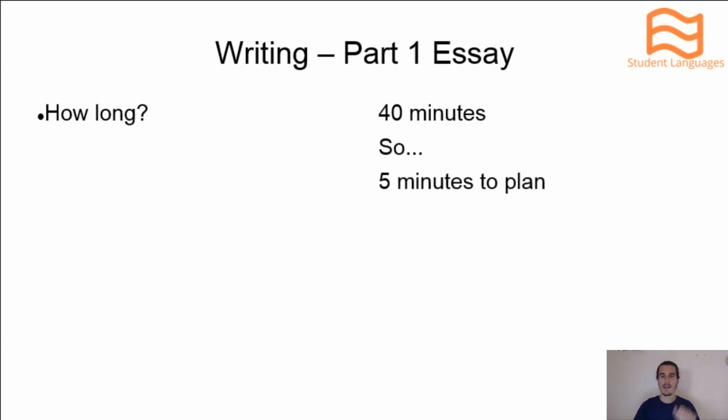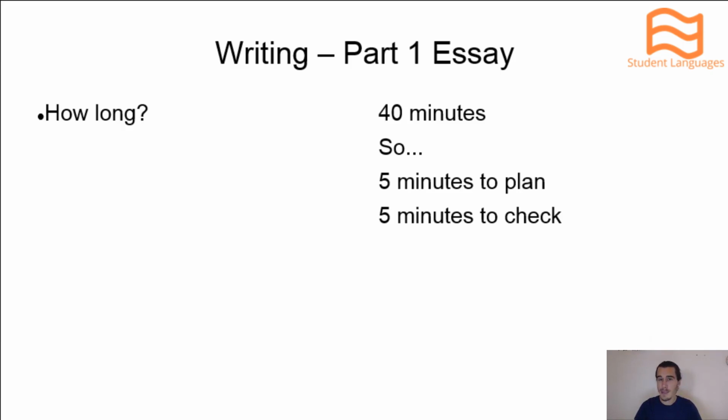And I advise that you have 5 minutes at the beginning to plan your answer, and 5 minutes at the end to check your answer. Now this is really important. You can save yourself a lot of marks by reading over what you've written at the end.